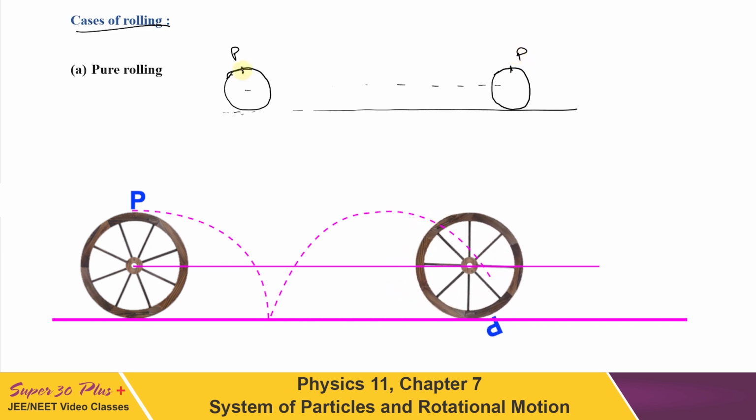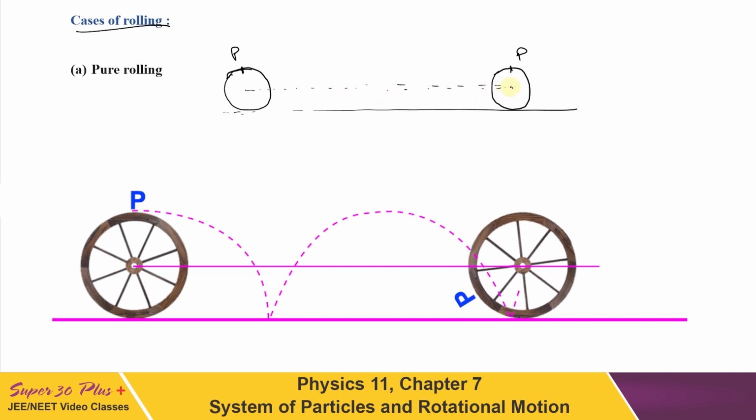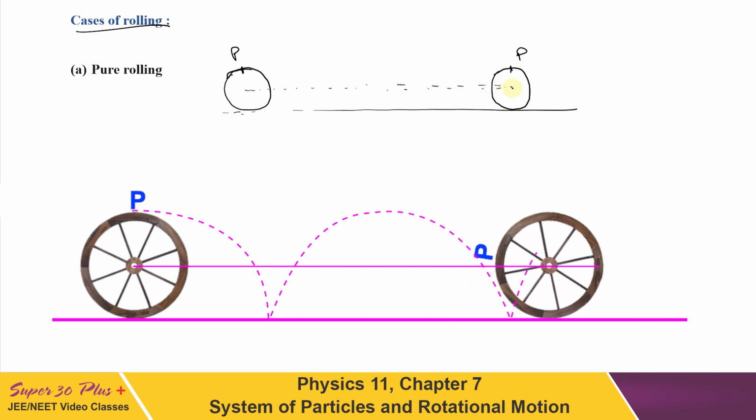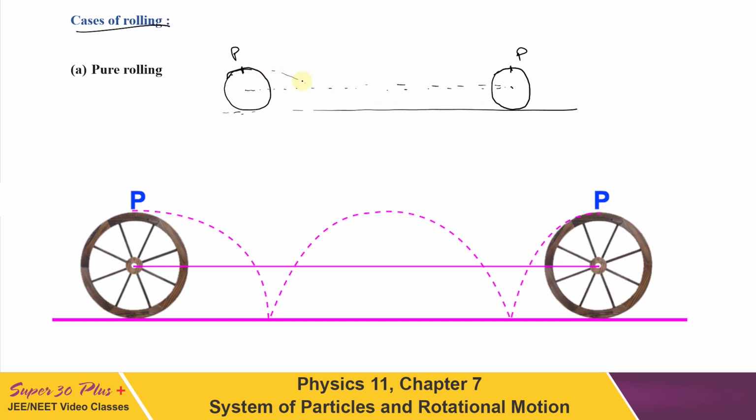Now what would be the motion for center of mass? It has to be along a straight line. But what about the path of P? Path of P must have come to this point, then reached maximum height, and then come here again and then reached again to this. It must be like in this manner. What about these 2 points?